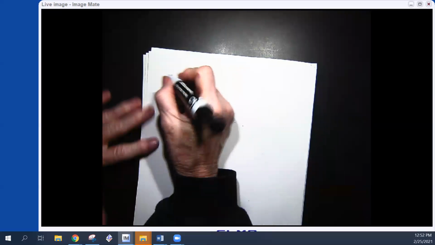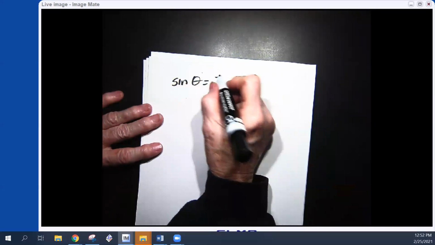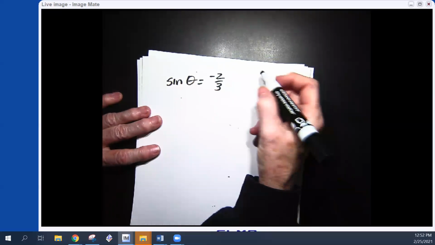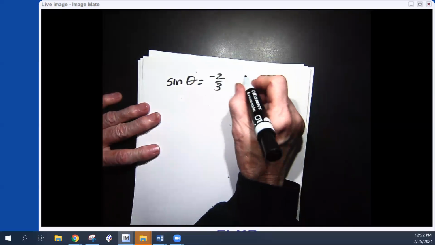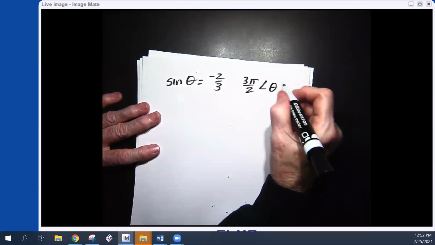So if you wanted to do something as you were thinking again about a triangle, if I were to say the sine of an angle is equal to negative 2/3, and I'm in the quadrant 3 pi over 2 to 2 pi.